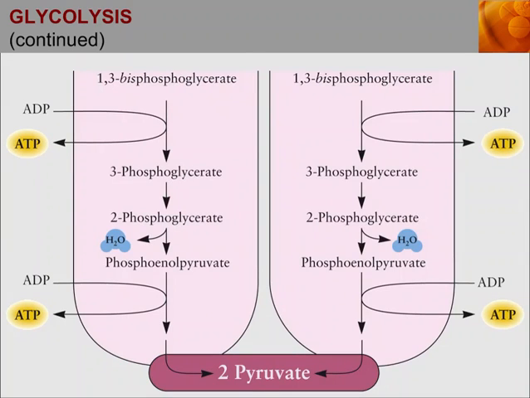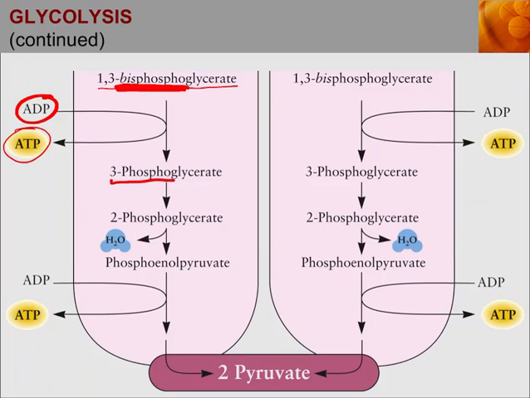Okay, so now once we have 1,3-bisphosphoglycerate on both sides, we're going to use ADP to remove one of those 2 phosphate groups. So now ADP is going to take away a phosphate group and become ATP again. So that happens on both sides.